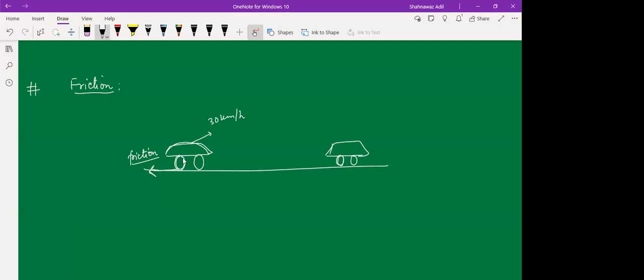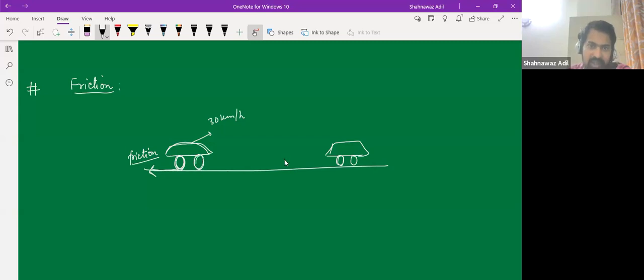So this happens between the surfaces of two objects. Let's say I have these two surfaces and they are attached. If I am moving this surface in the downward direction, this surface applies some force in the upward direction to oppose the motion of this object.